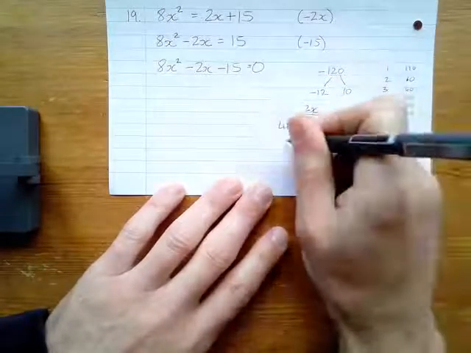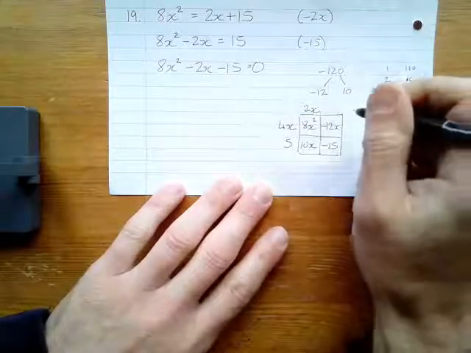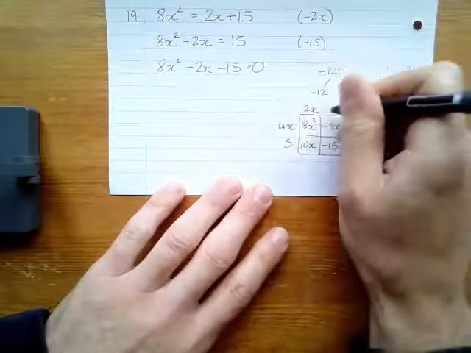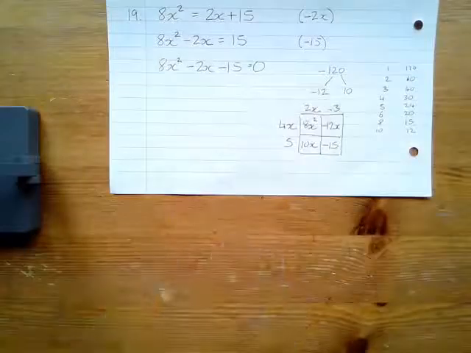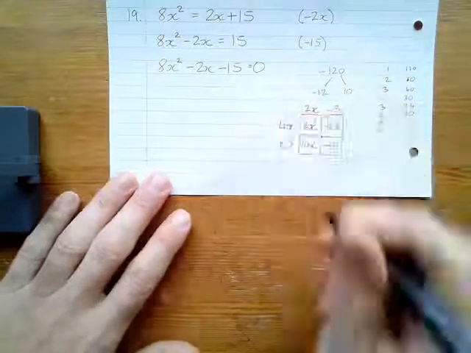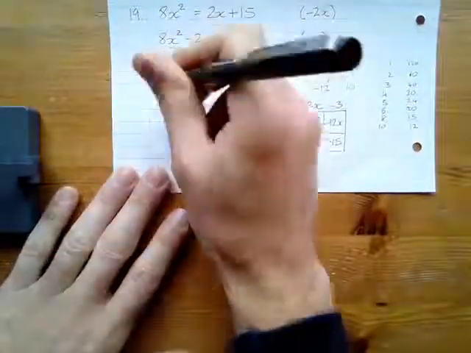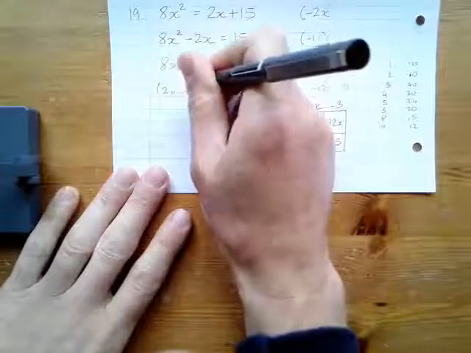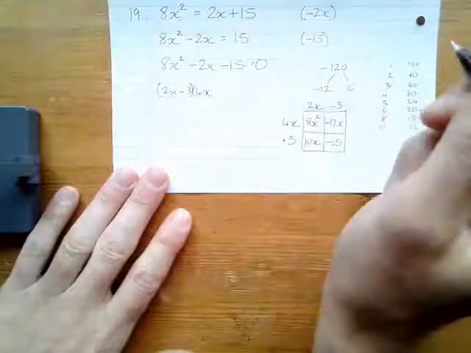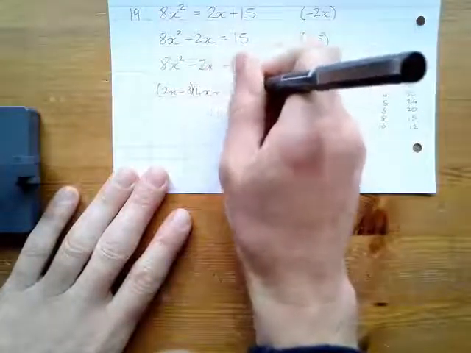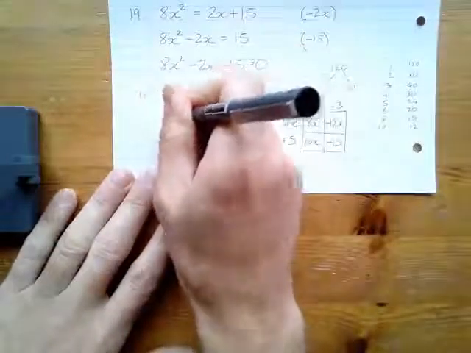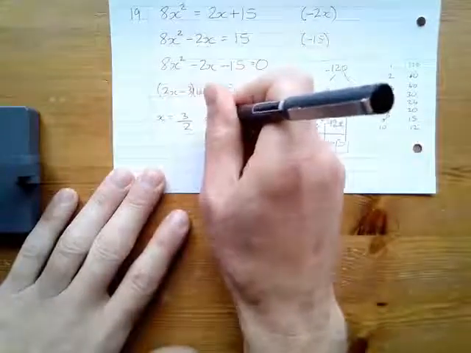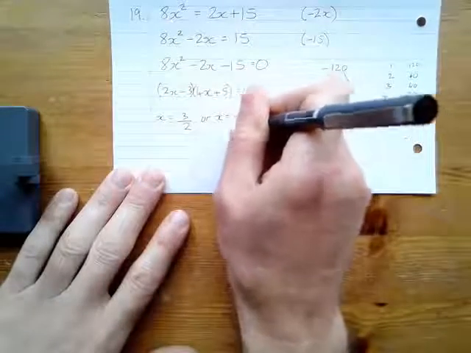That means that must be 5, which means that there must be minus 3, like that. So that leads to 2x minus 3, 4x plus 5 equals 0, leading to x equals 3 over 2, or x equals minus 5 over 4.